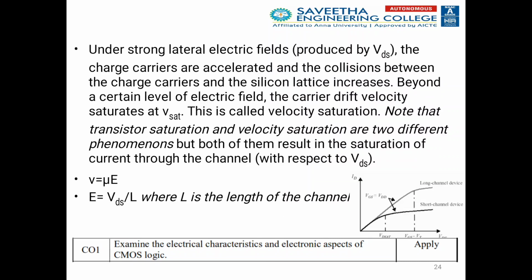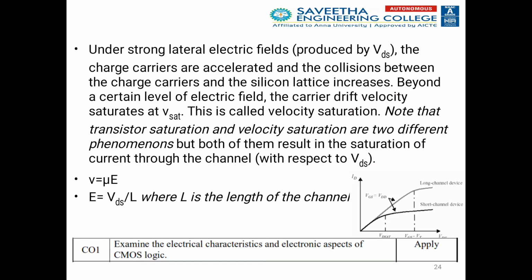Under a strong lateral electrical field due to VDS, the charge carriers collide with the silicon lattice more often. Beyond a certain level of electrical field, the carrier drift velocity saturates at V saturation. This is called velocity saturation.